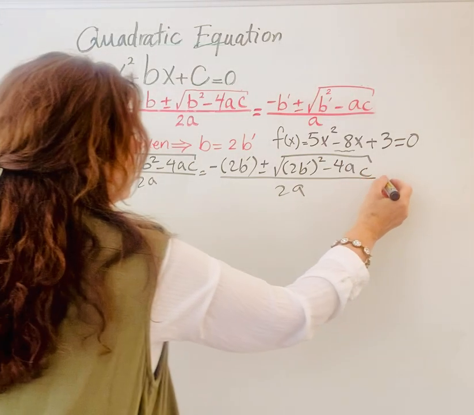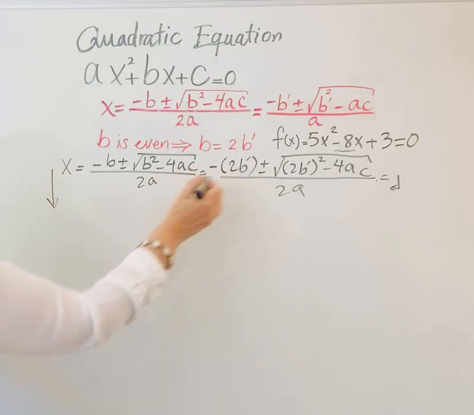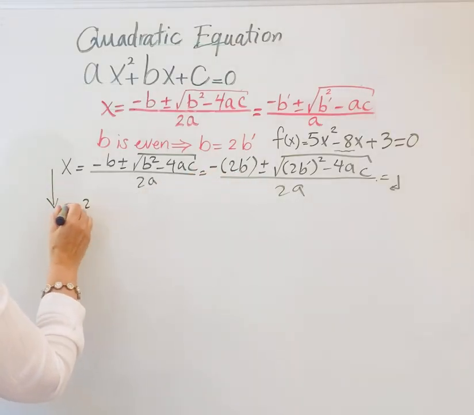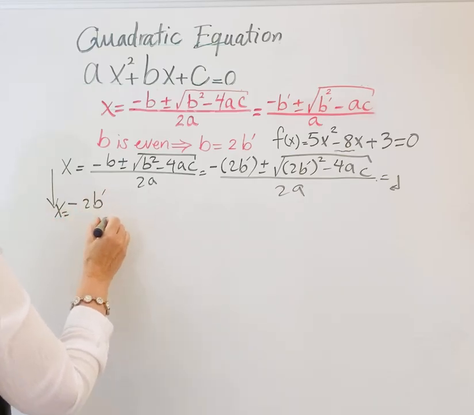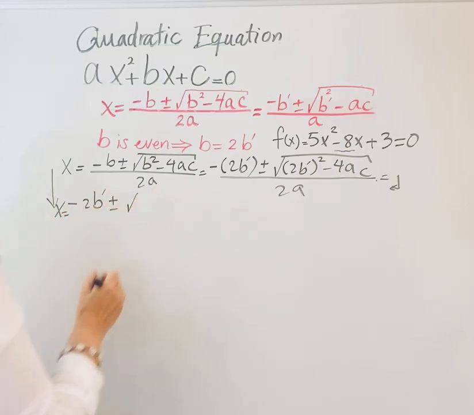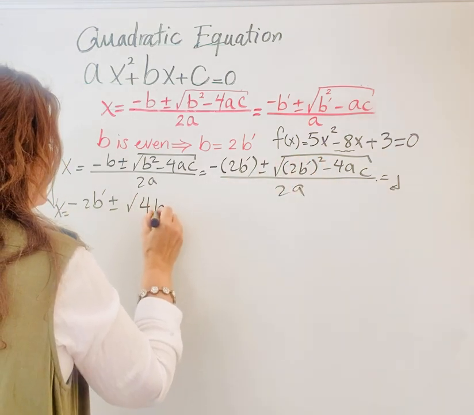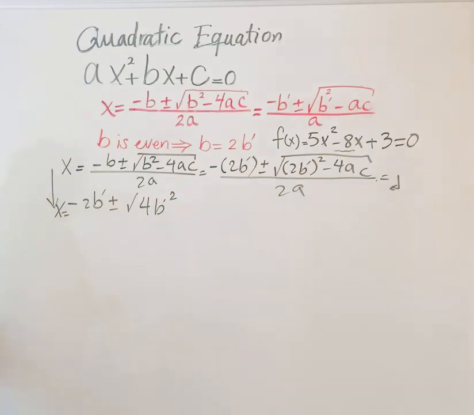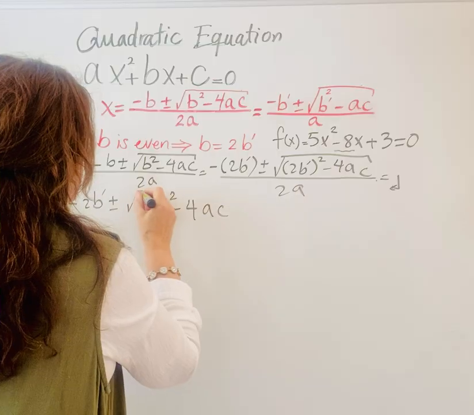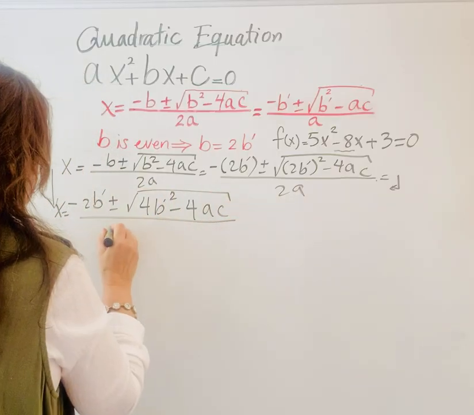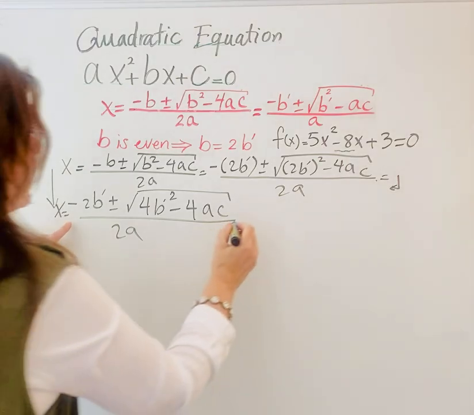We continue here. x is equal to negative 2b prime plus or minus the radical of 2b prime squared, which gets 4b prime squared, right? Agree? Minus 4ac, over 2a. We can simplify here.